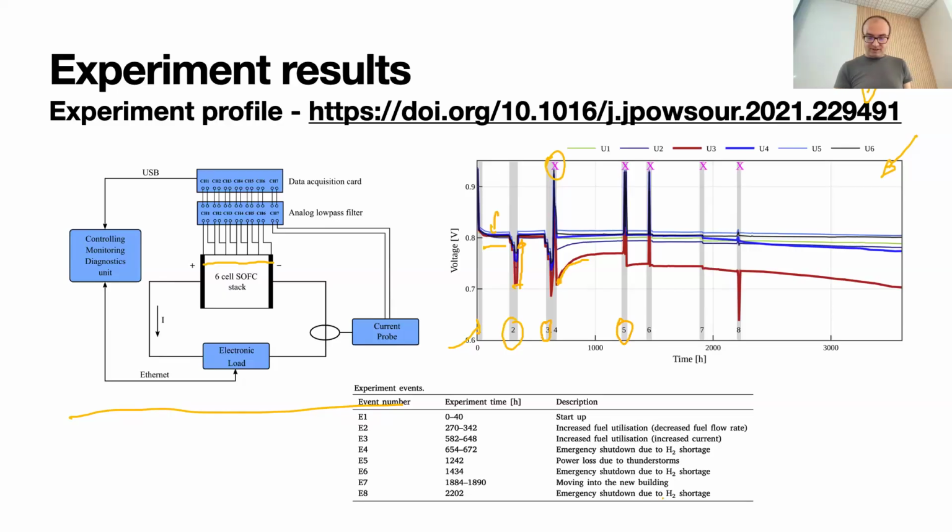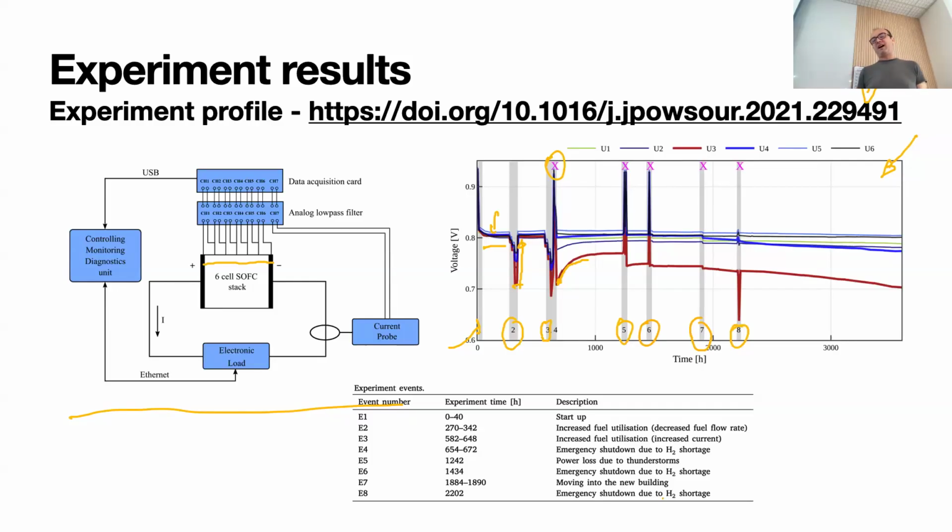Then event number 6, again, we missed the alarm that the fuel was low, so again it went into a fuel shortage. Event number 7 was planned. As you can see, it was a gradual shutdown. We had to move the experiment to a new building. And event number 8, again, fuel shortage.